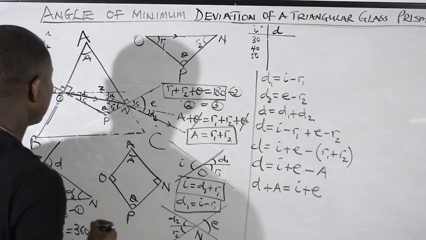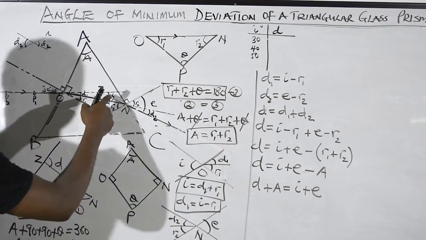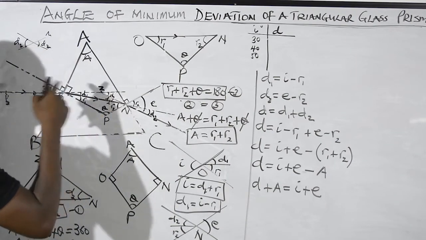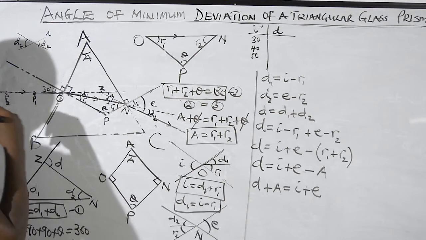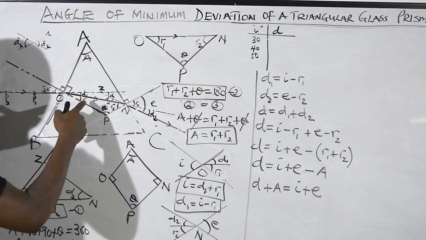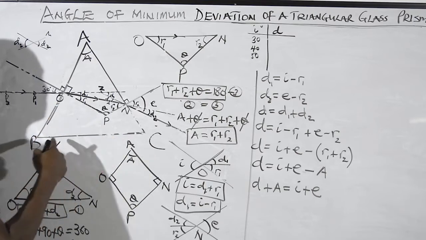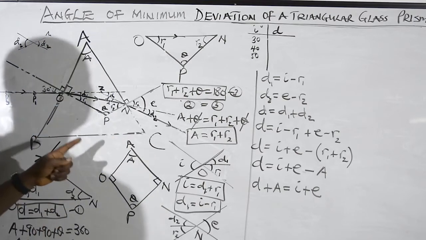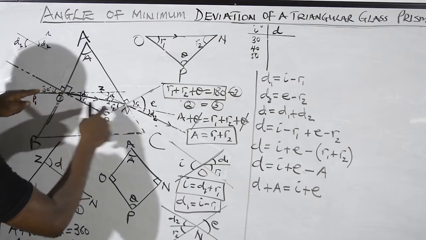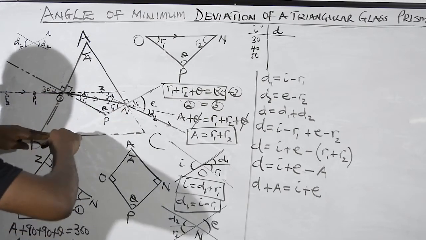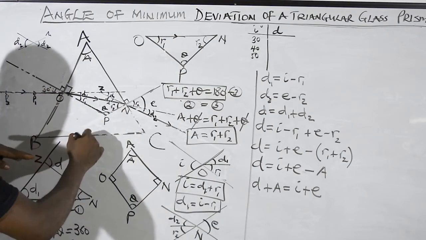Now let's come back here. This angle of deviation is only possible when the ray of light that is traveling inside the block is not yet parallel to the base. So when the minimal deviation occurs, this ray of light, this ON, must always be parallel to the base here, BC.